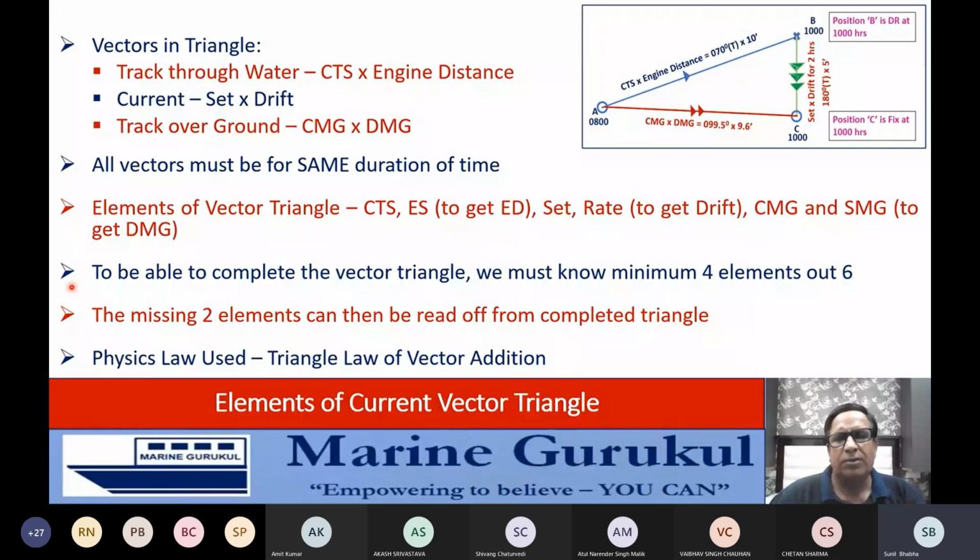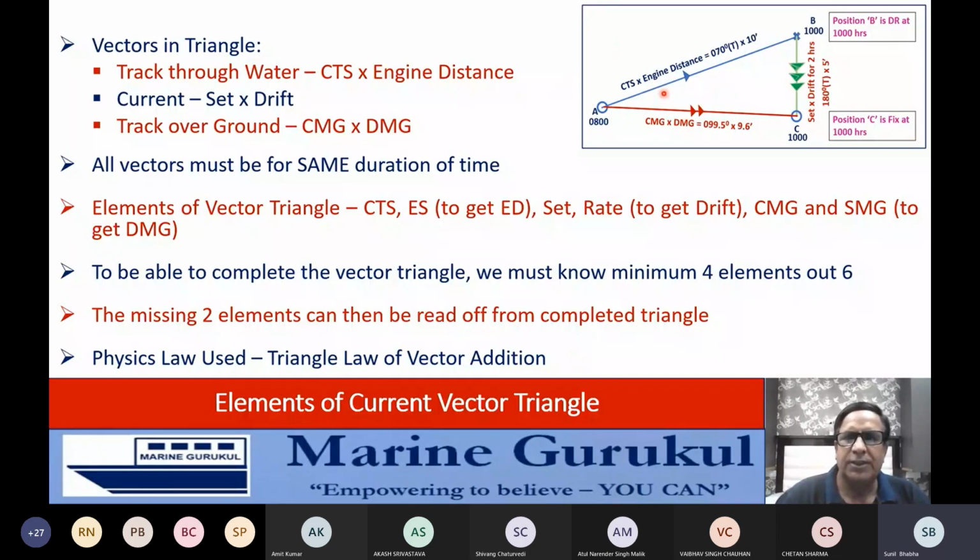What is the physics law used in this vector triangle? The physics law used is the triangle law of vector addition, which states that if 2 sides of a triangle taken in the same order or same direction represent 2 vectors, then the third side of the triangle taken in the opposite direction represents the resultant of the 2.